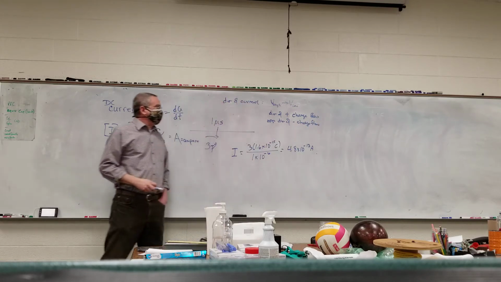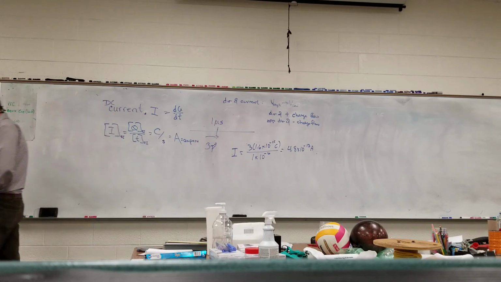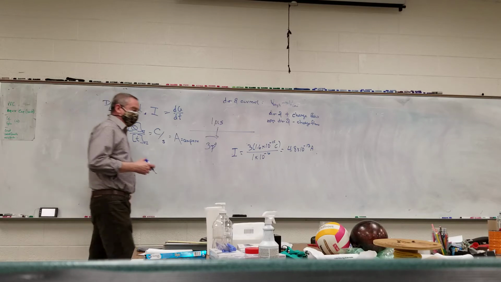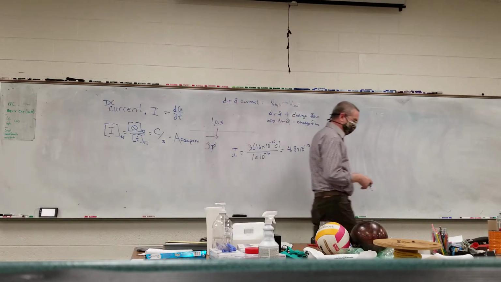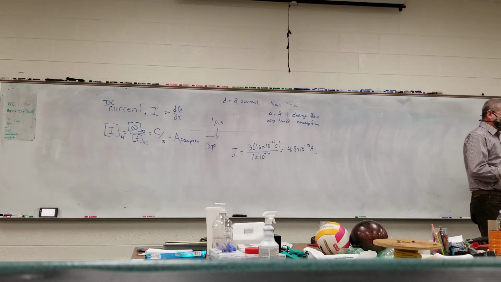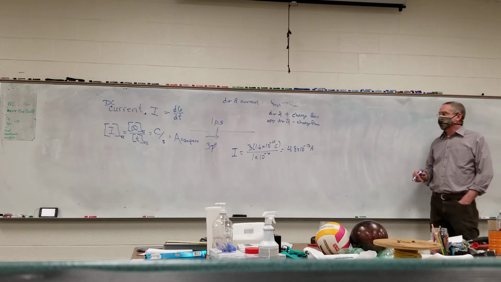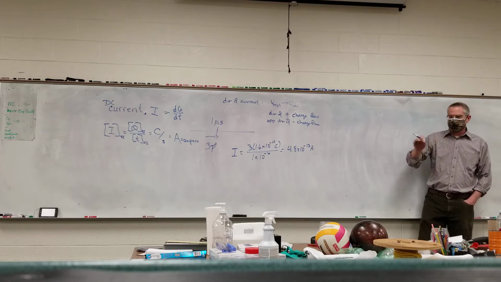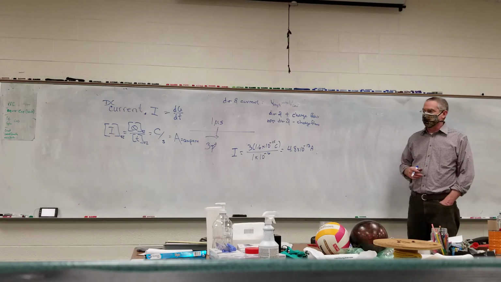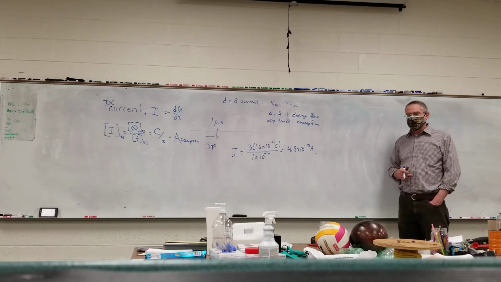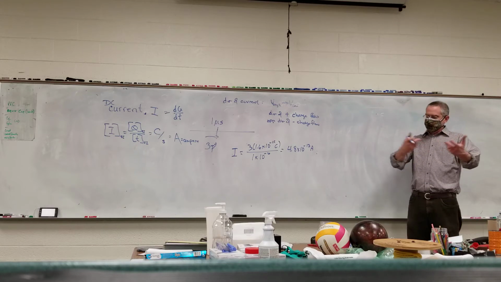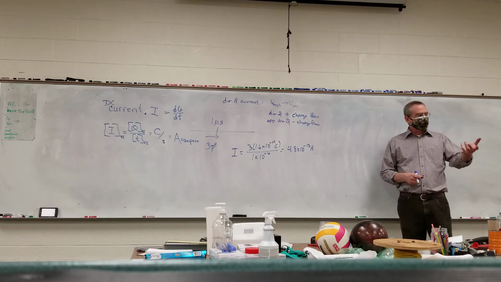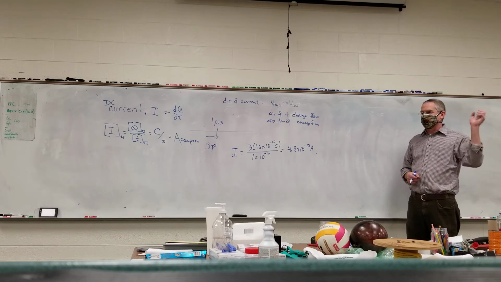Now, most of what you will deal with, it's going to be the electrons that are flowing, and so you can generally think of it as the opposite direction of the electron flow. If you get into higher energy physics where you're actually shooting positive particles, then it's in the direction of positive charge flow. You take a hydrogen atom, expose it to an electric field, strip the electrons away so you've got a proton, and then you collect enough of them, and then you shoot them at a target.